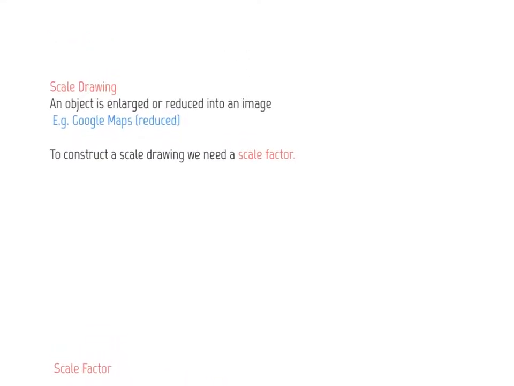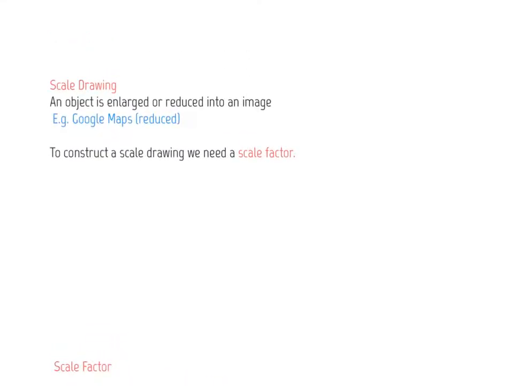Now, when we're representing an object in a drawing, we either enlarge or reduce the image. So for example, Google Maps. So to construct a drawing, we need a scale factor. A scale factor can be written as the following.